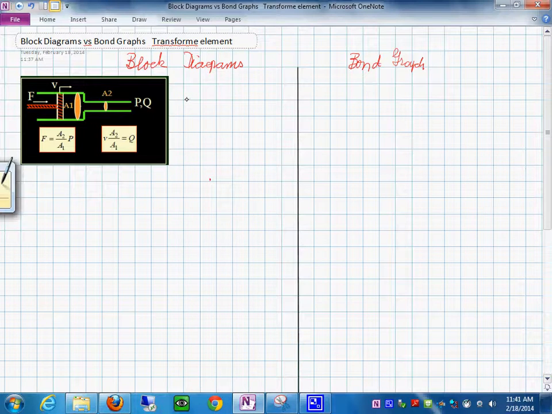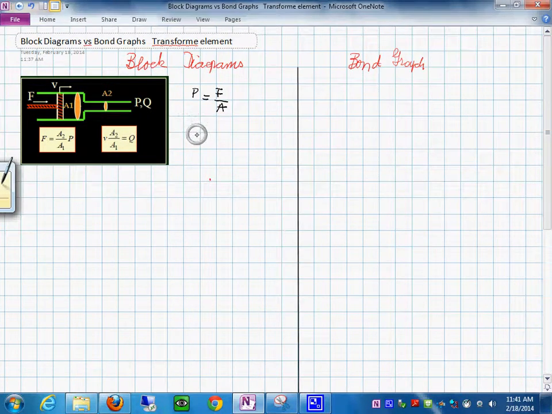The force on one side is a pressure times the area. How do you define pressure? Pressure is force divided by area, right? That's the definition.